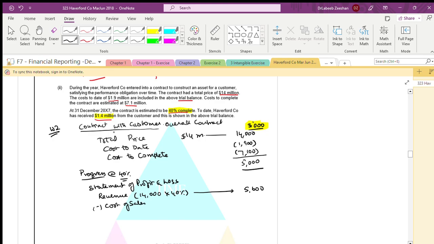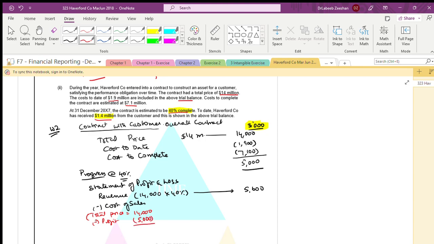How much is the cost of sales? See what we have to do here. We have to take into consideration the total price. The total price is 14,000, and we have calculated the profit that has happened. The profit is 5,000.